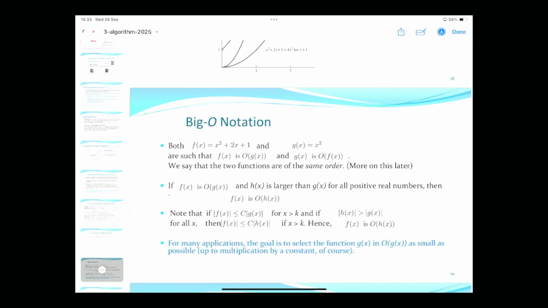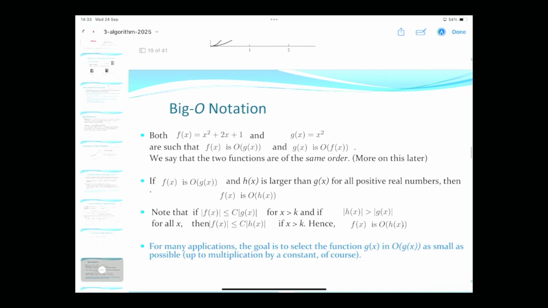Okay, let's see further, considering a function f(x) and g(x) here, just two different functions. We just saw that this is true, right? f(x) is big O of g(x). And is it true that g(x) is big O of f(x)? Yes. Why?